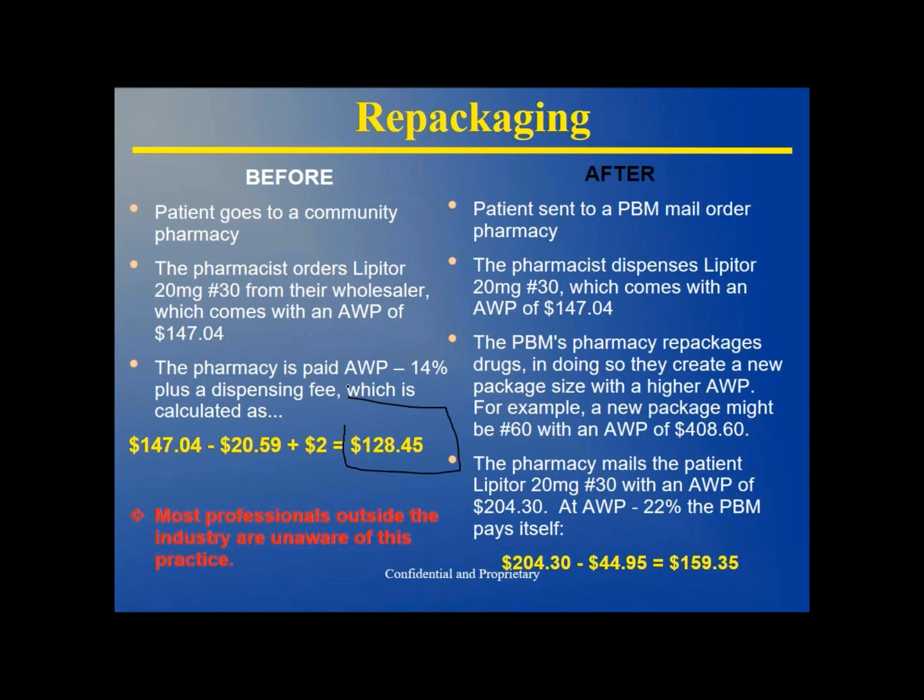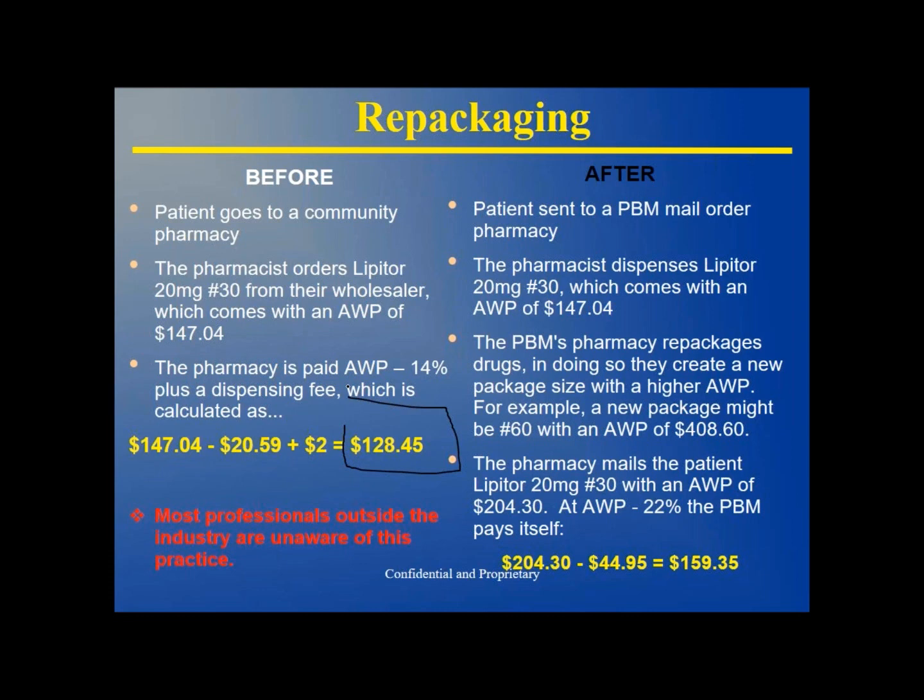The quantity hasn't changed. The dose hasn't changed until the PBM decides to repackage the products. In doing so, as a licensed repackager or relabeler, the PBM, or that mail order pharmacy, now becomes, in a sense, the original manufacturer of the product and is now able to legally change the AWP.